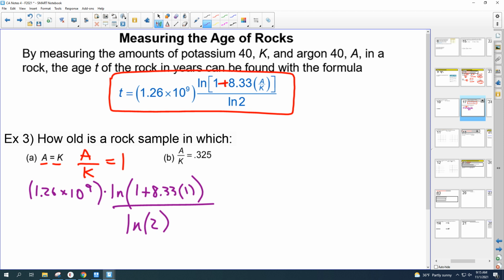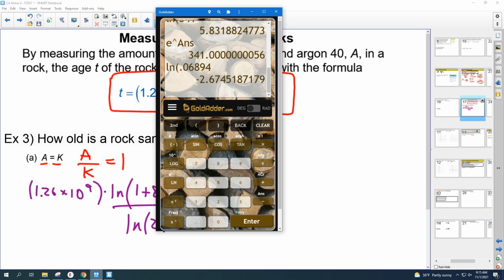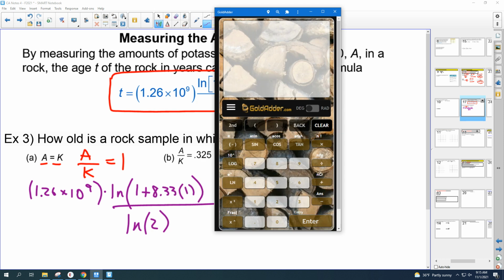So I would recommend a calculator with parentheses buttons, so you can just type all of it in. I don't like typing in piece by piece by piece. You're prone to round off errors sometimes. So 1.26 times 10 to the 9th power times natural log of, you can probably do that in your head.